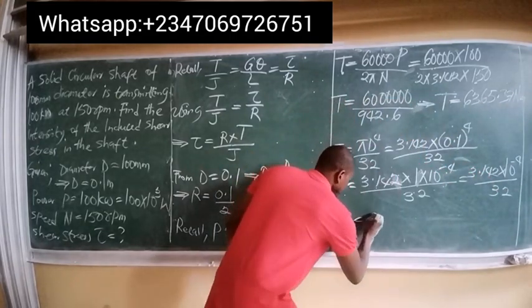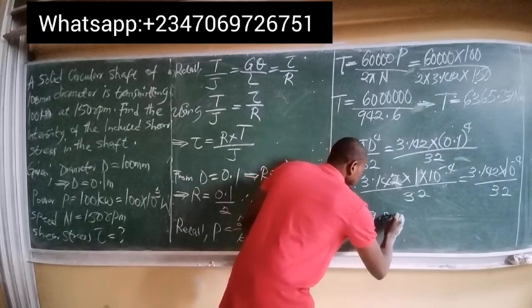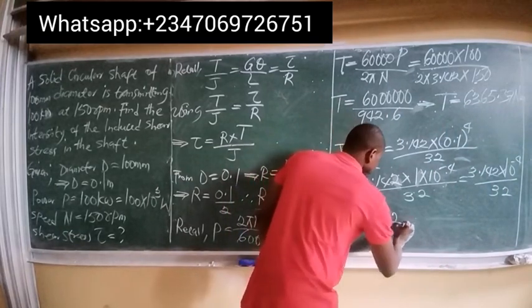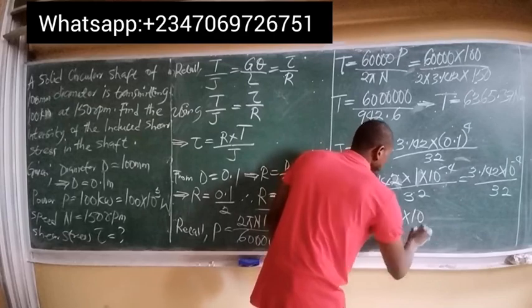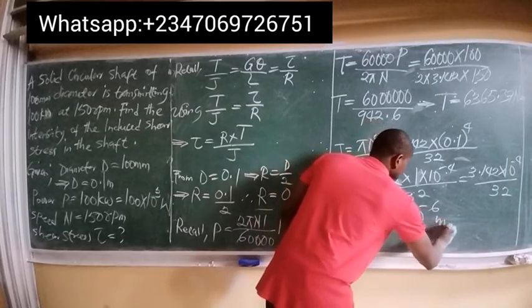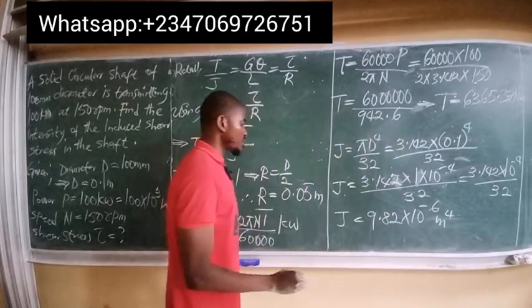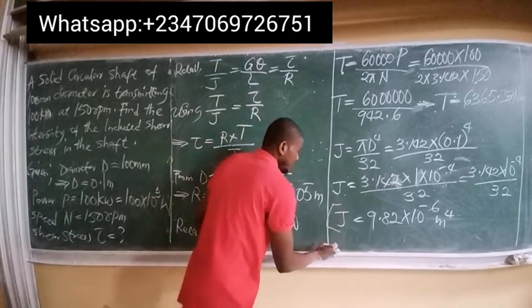So we simply have J to be 9.82 by 10 to the power of minus 6 in meters to the power of 4. So this becomes the second polar moment of inertia, J.